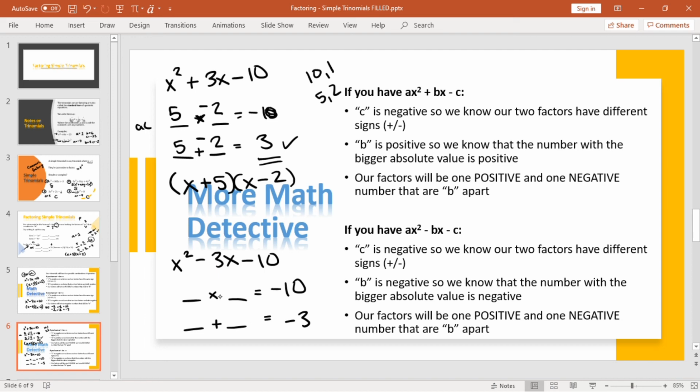Okay, it's going to be 5 and 2. But this time my B value is negative, so my bigger number has to be negative. My bigger absolute value has to be negative. So I do this, and the factored form of this number will be x minus 5, x plus 2. So 4 kinds of combinations.